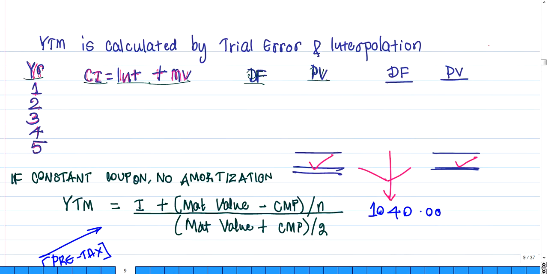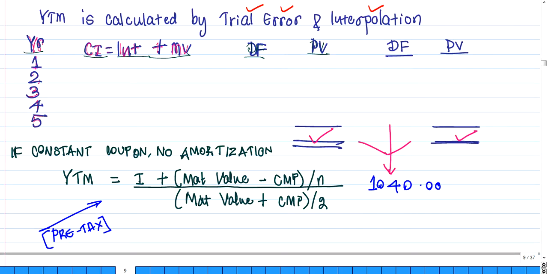YTM is calculated by trial and error and interpolation. So again, I will remind you, here years 1 2 3 4 5, cash inflow is interest plus maturity value, discount factor, you will get the present value. You will use your own discount factor, then again you will use one more discount factor, you will get the present value here and here, and you will do the interpolation.